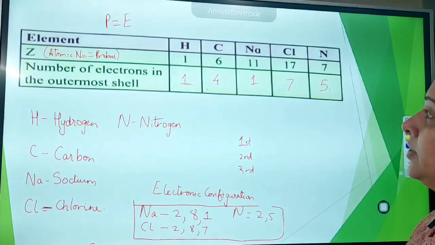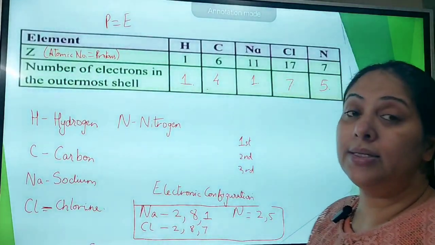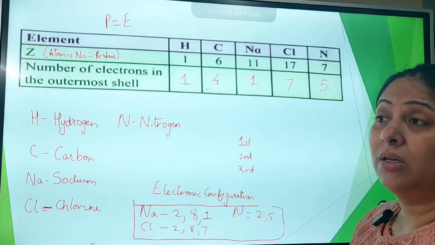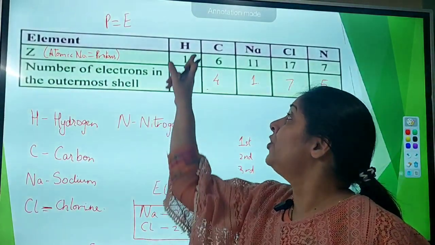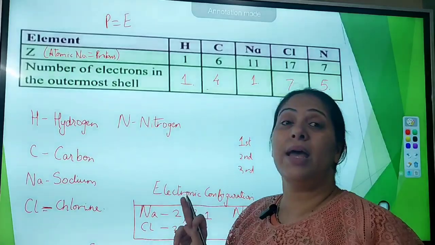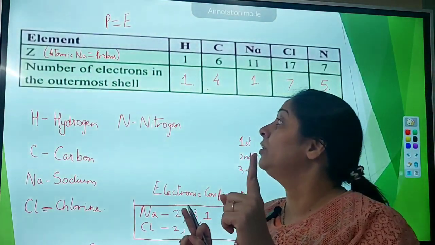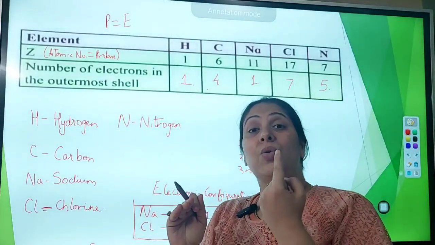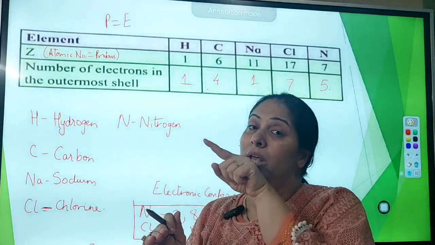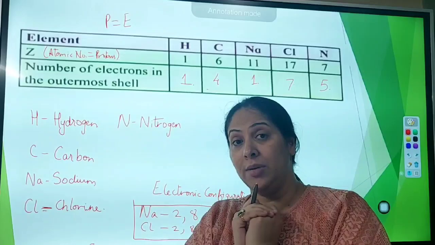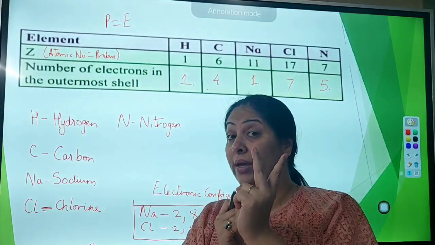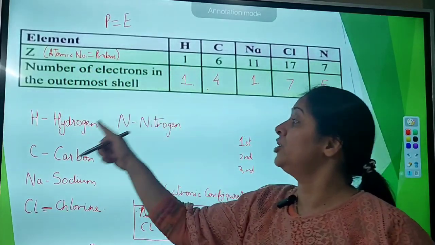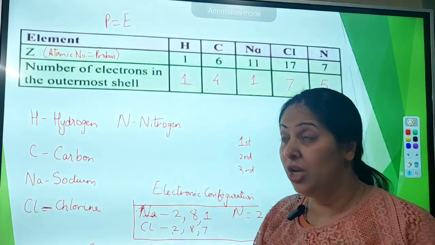Alright, look at this. It has 1 in its outermost shell. Correct? That means, is it easier for hydrogen atom? See, hydrogen atom has only 1 electron in its outermost shell, and it is in the first shell. First shell में कितने electrons की capacity है? 2, 2n square के formula के हिसाब से. Okay, hydrogen is first on the chart. Correct, children?